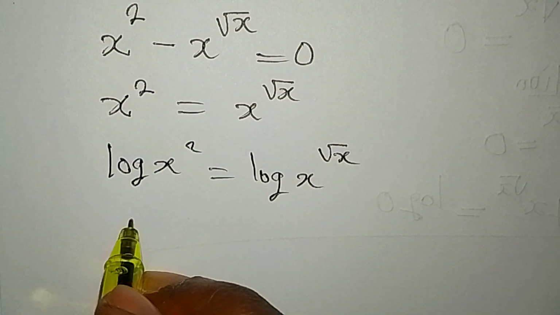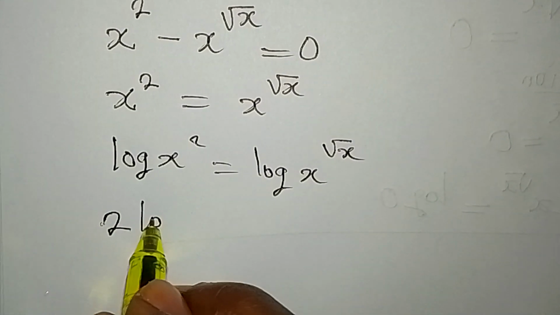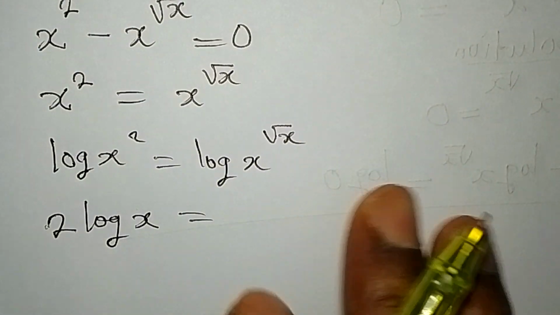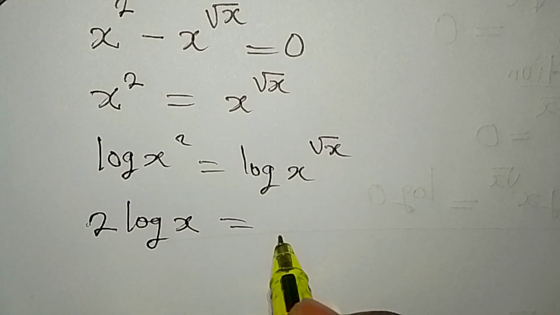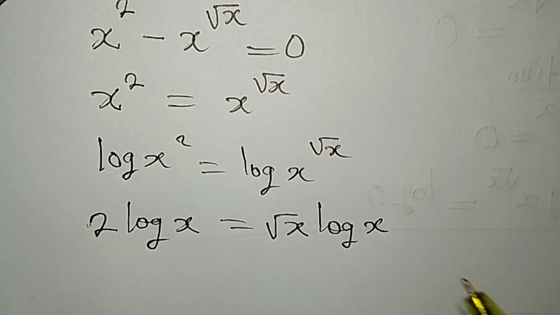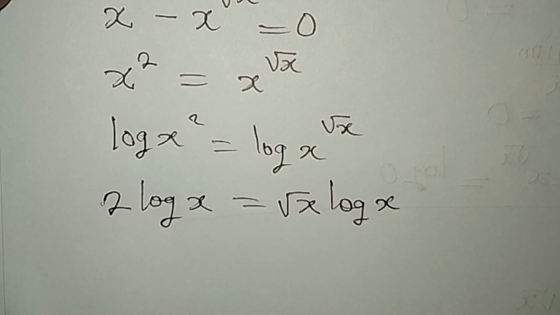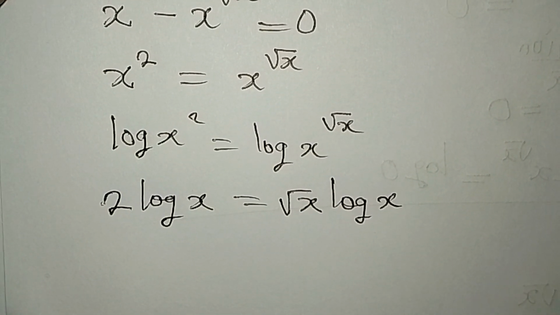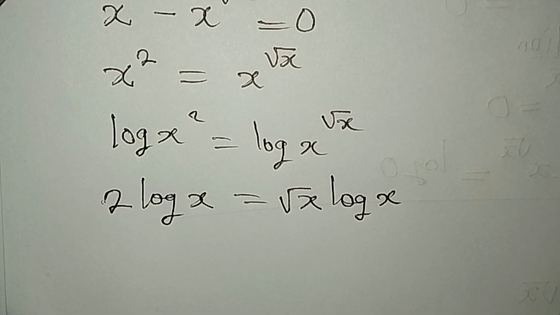So this goes behind. We have 2 log x equal to, this goes behind, and we have root x log x. Now what I did before was to cancel the log x from both sides, but we don't have to do that.